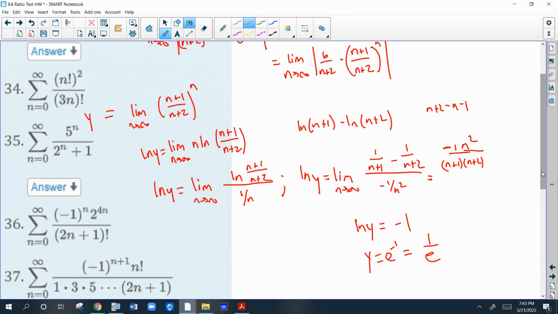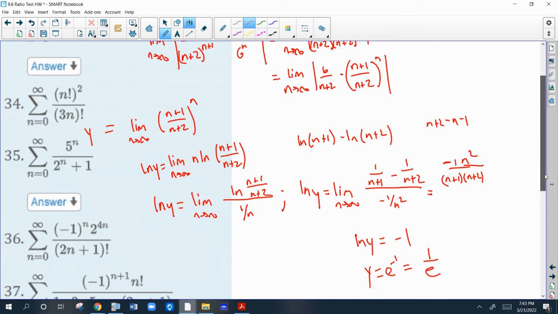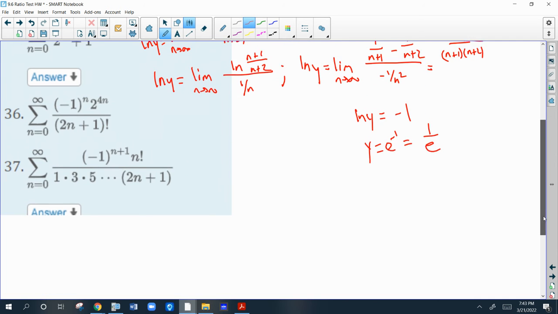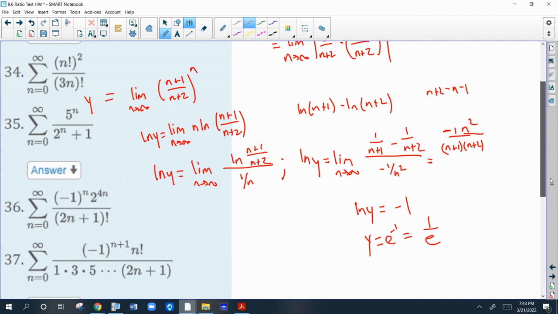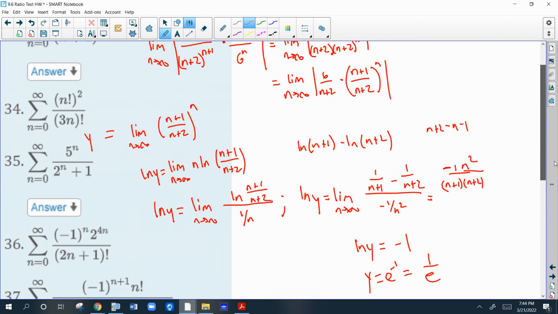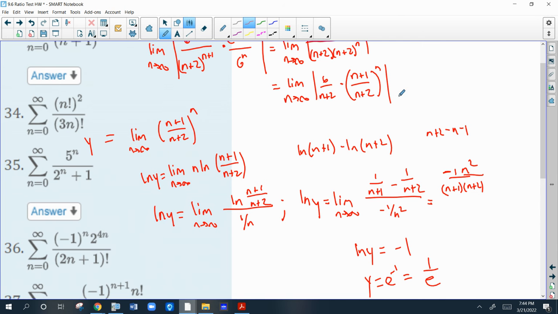So we got our answer, but now I forgot what we were doing, so I have to go back up top. All we were trying to do was figure out what the limit of this part of our expression was, because we knew that 6 over n plus 2 was going to be 0. So if we could find out that this limit was some constant, we'd be in business.